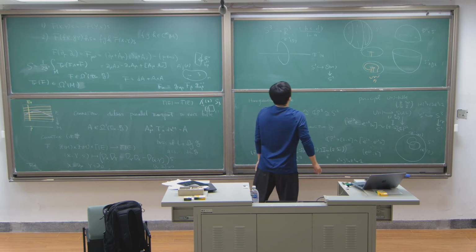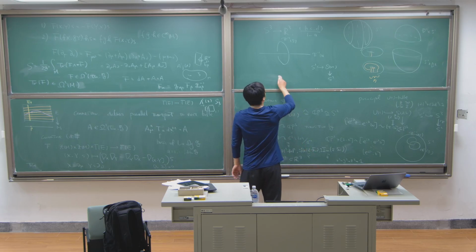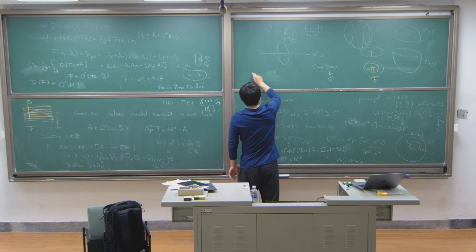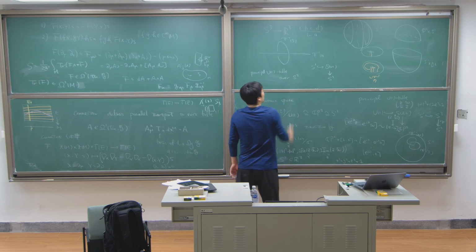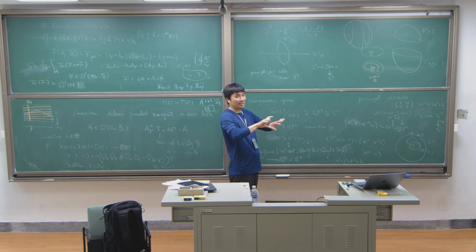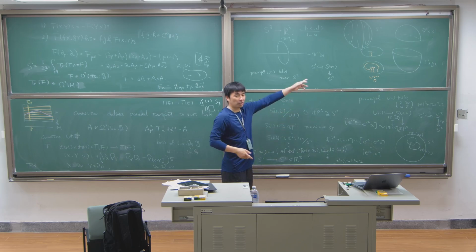So indeed this is one bundle. So a principal U1 bundle over S2 is indeed exhausted by this construction.